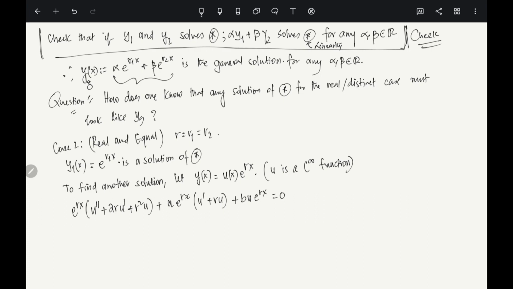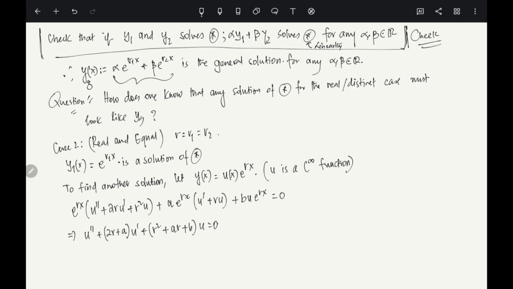It's a very straightforward thing, nothing special is happening here. Now you can rewrite this as u double prime plus (2r plus a) u prime plus (r squared plus a r plus b) u equals 0. Since e^(r x) is non-zero, we can just throw it out.